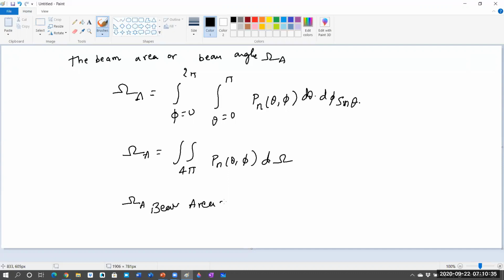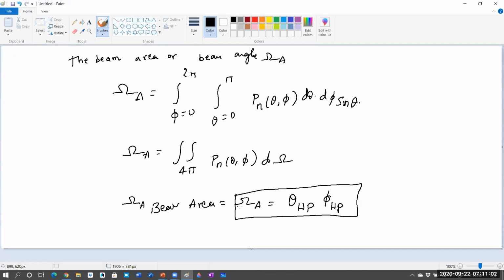Another formula for beam area, for mathematical calculations, uses the half power beamwidth, represented by theta HP with respect to theta and phi HP with respect to phi. The multiplication of these two will also give a beam area.